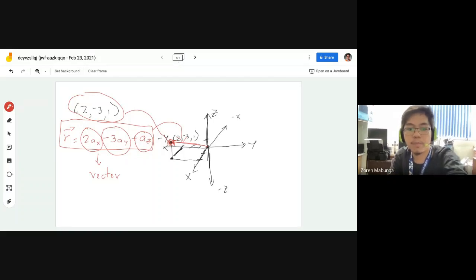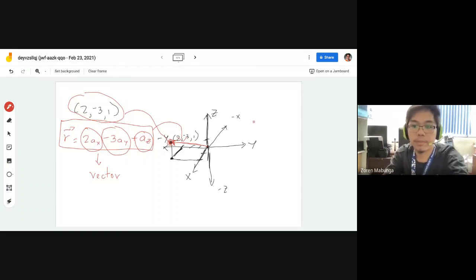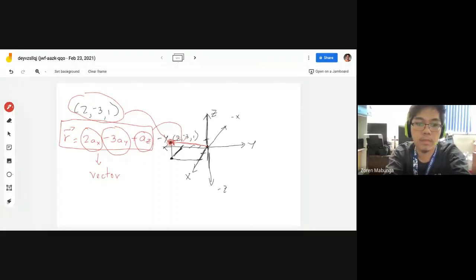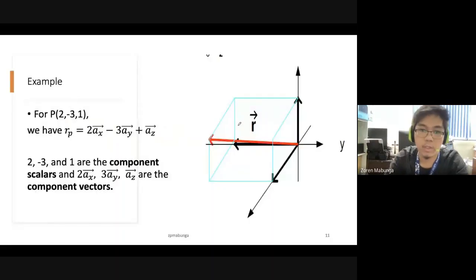Okay, so balik tayo dito sa PowerPoint, no? So, katulad na banggit ko kanina, yung 2, negative 3, and 1, so ito yung vector na nakuha natin.